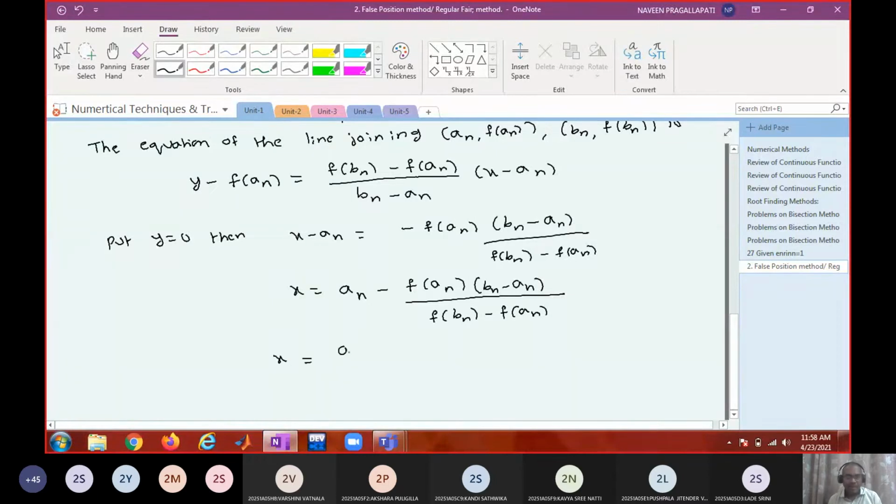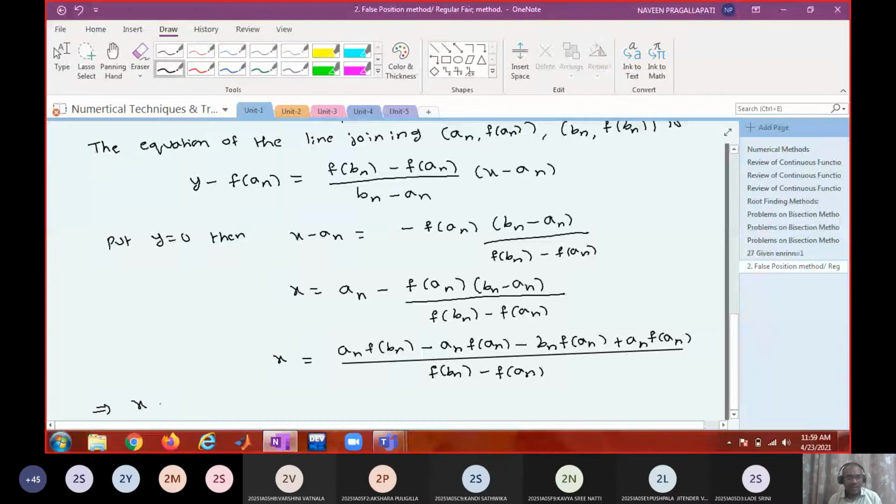It is nothing but an f of bn minus an f of an, minus bn f of an plus an f of an, divided by f of bn minus f of an. So I will call this x as cn.